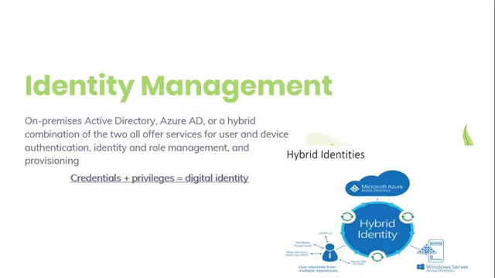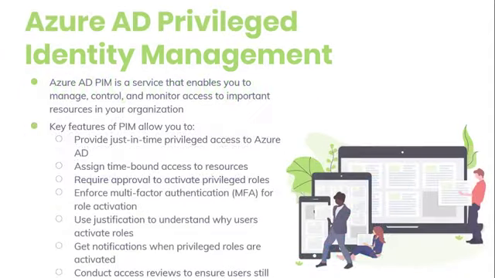First, you need to protect your privileged account. Azure AD Privileged Identity Management is the service recommended for this process. Azure Active Directory Privileged Identity Management is a service that enables you to manage, control, and monitor access to important resources in your organization.